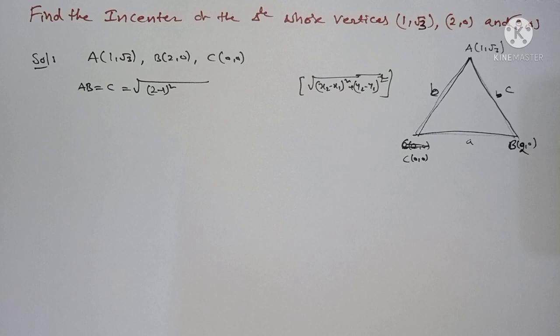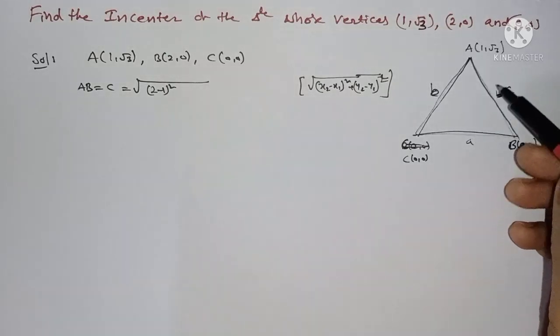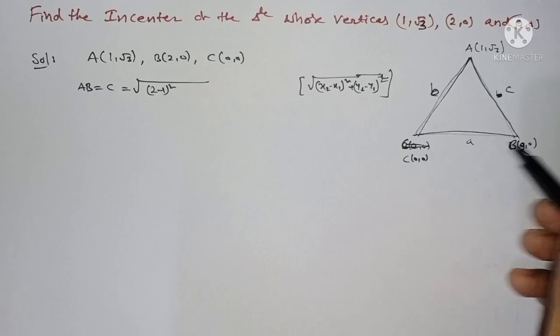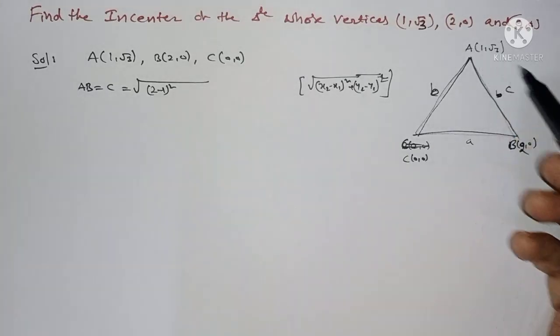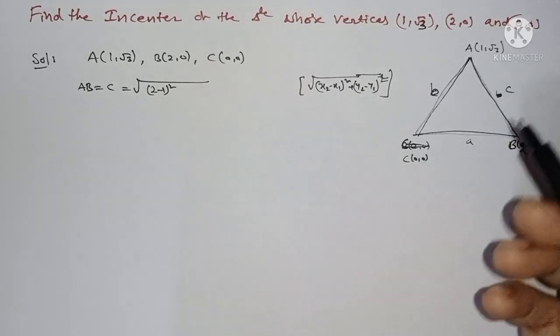First, what is the formula? I is equal to (ax1 plus bx2 plus cx3) by (a plus b plus c). First we find small a, b, c, where a is the distance opposite to A, that is BC.